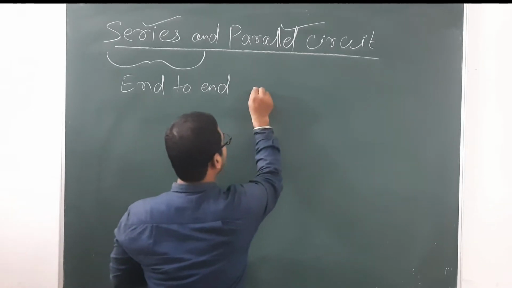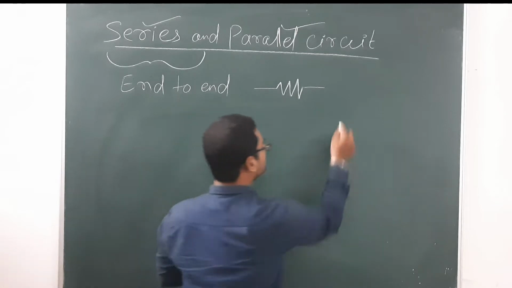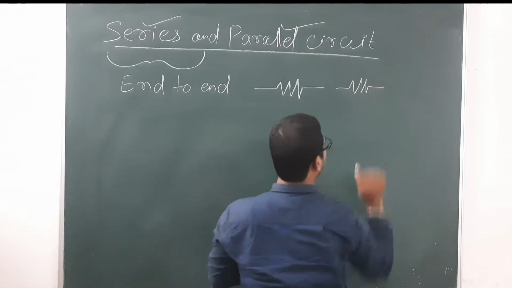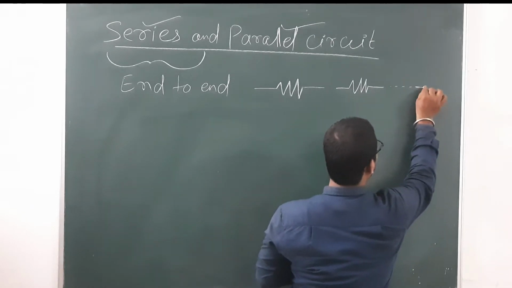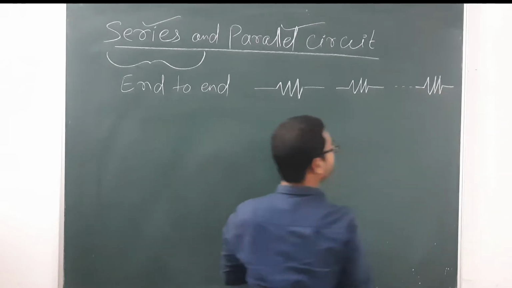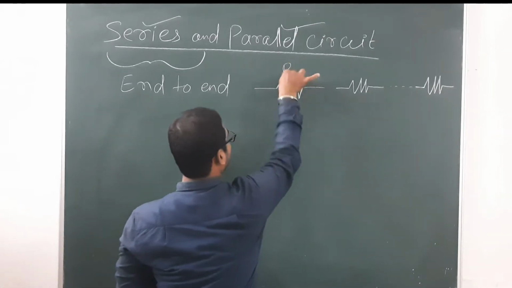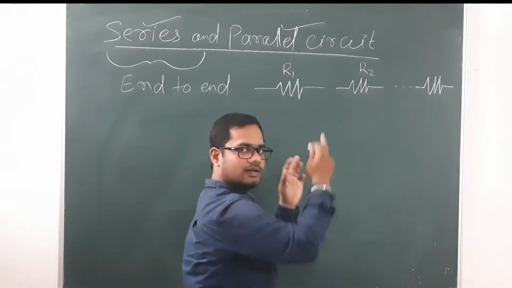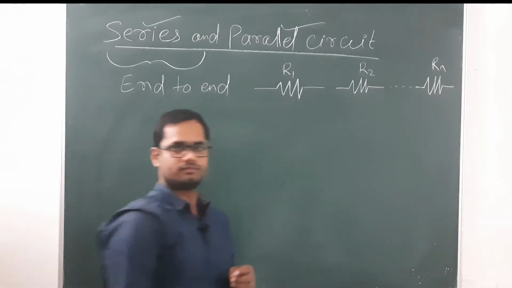If I have one resistor here, another resistor also present here, like that number of resistors are there. Say this is resistance 1, this value is R1, the second one is R2, and this is the nth resistor and that value is Rn.